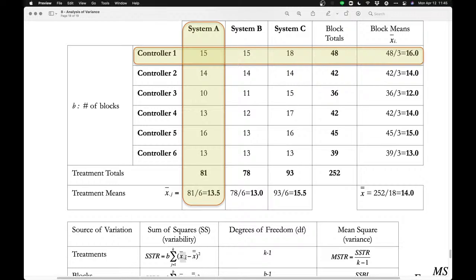We're looking at the mean effect for this, the mean deviation between the scores here and the grand mean, and we're squaring and summing this up for the 3 systems, okay?